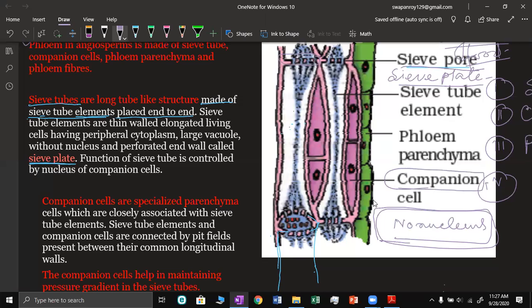The sieve tube is associated with a special living parenchymatous cell. They are not easily detachable from the sieve tubes, and they have dense cytoplasm and a prominent nucleus. So they can regulate the activity or turgidity of the sieve tube.